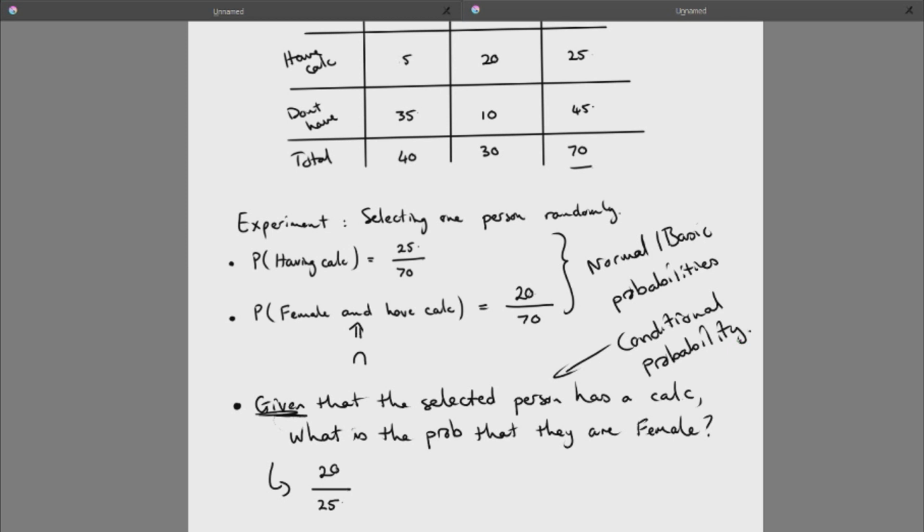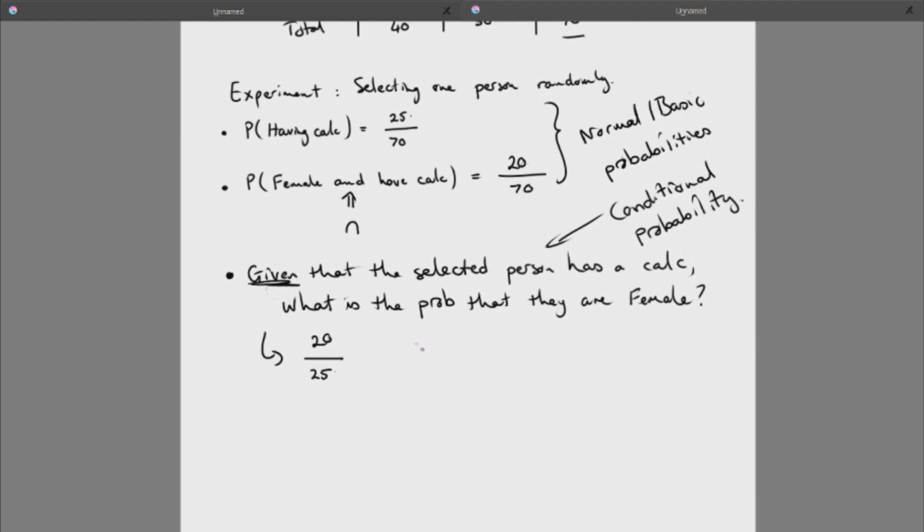It changes the situation. So we can write this in a shorter way with the P. The first part is still the probability of what?